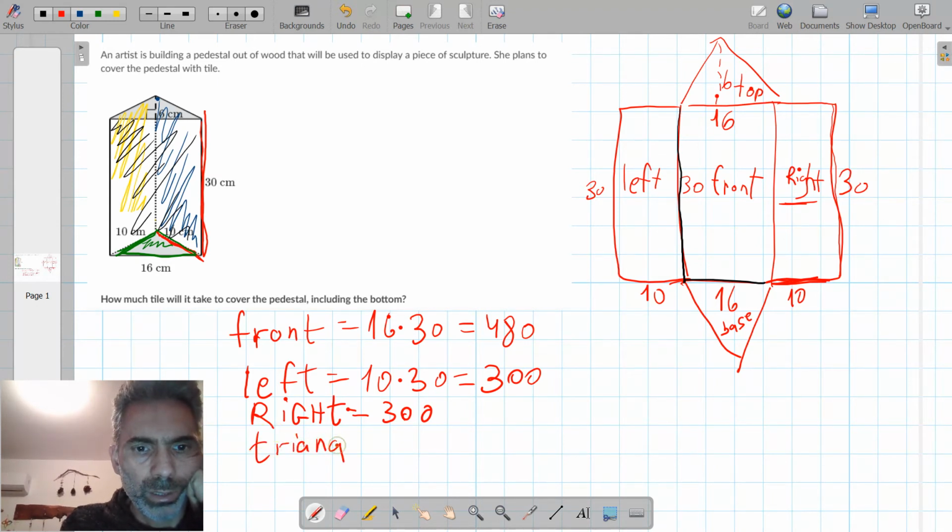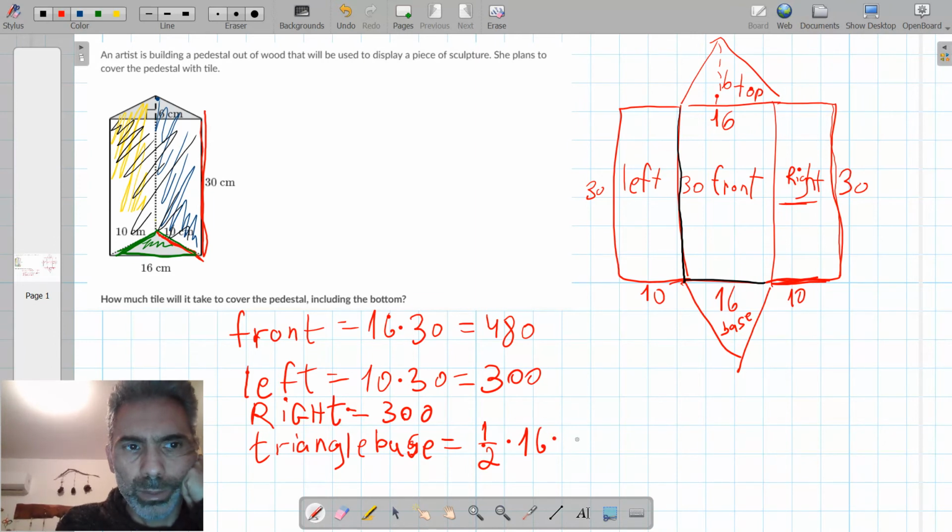Triangle base area is 1/2 times 16 times 6. So 1/2 times 16 is 8, and 8 times 6 is 48. And we have another triangle at the top, another 48.